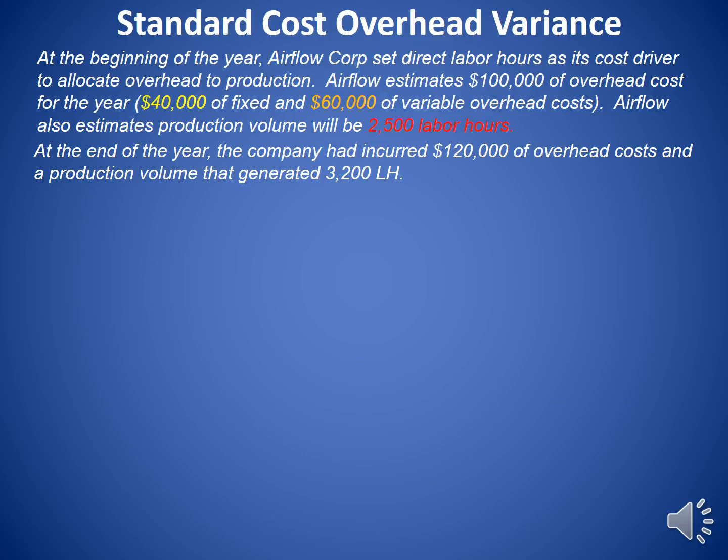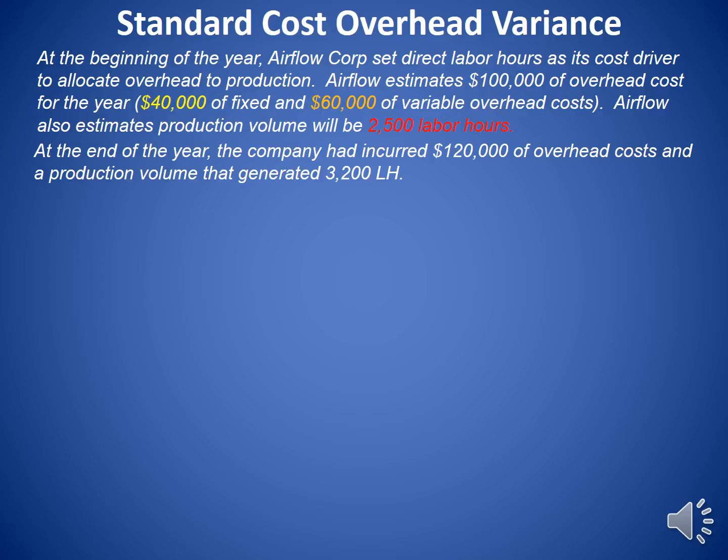Okay, now let's look at an example of calculating an overhead variance. And again, this is not an easy calculation. So we're going to go through this step by step. At the beginning of the year, Airflow Corporation set direct labor hours as its cost driver to allocate overhead to production.